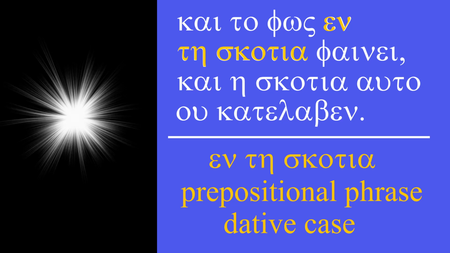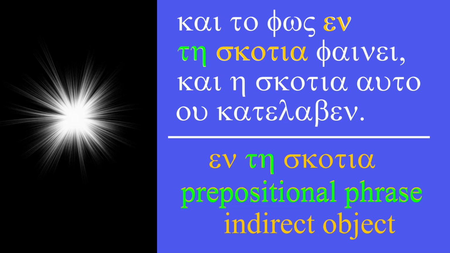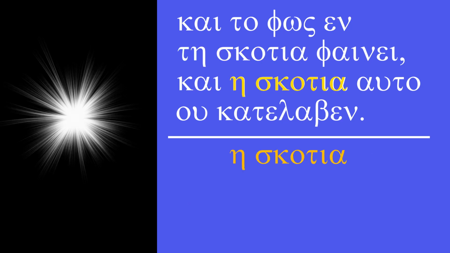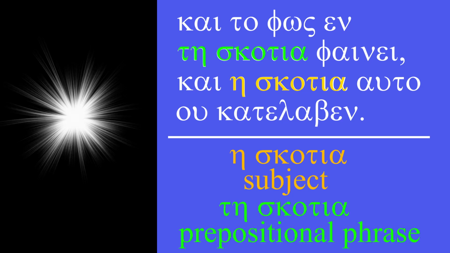Just know it's a prepositional phrase initiated by en. In the second sentence, the word the is a subject, e skotia. E is the for the feminine subject. We can see the feminine article in the subject form, e, in the second sentence, and the feminine article in the prepositional phrase in the first sentence, ti.